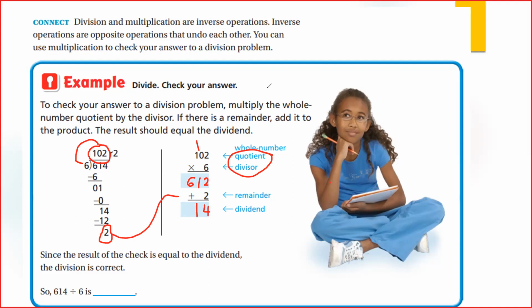So I will get 614, which is the same as the dividend. So to check that my answer is correct, I multiply the quotient by the divisor, and to the answer, I add the remainder to get the same dividend.